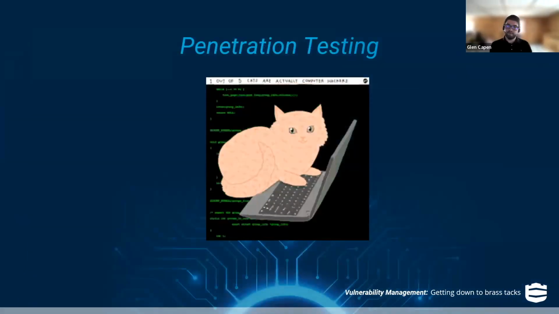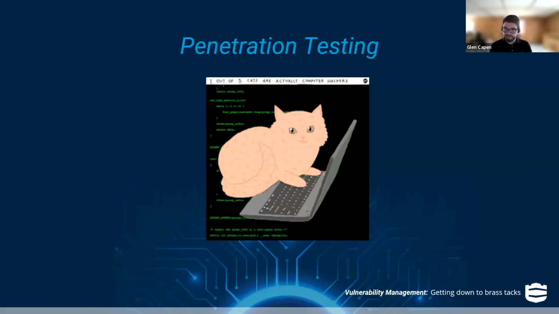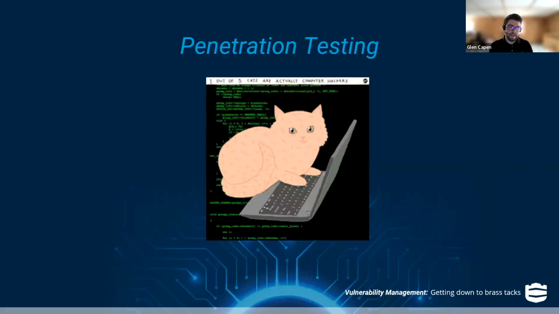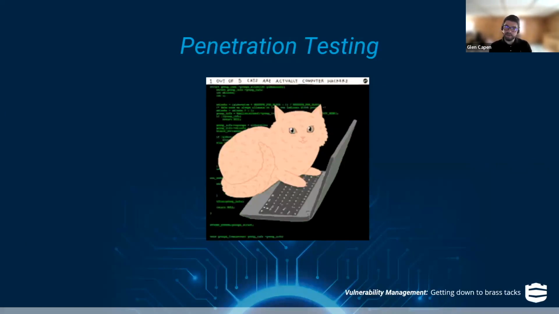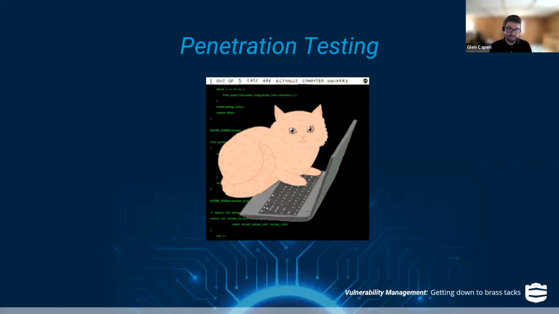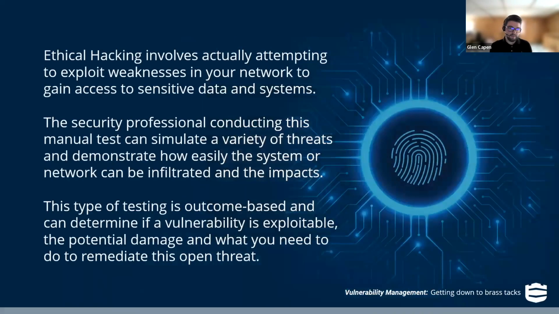All right, so that brings us to penetration testing. So what is that? It goes by a couple names: pen test, penetration testing, ethical hacking. And it actually involves attempting to exploit weaknesses in your network to gain access to all the sensitive data in your systems. We have a professional conducting this manual test who can simulate a variety of threats out there.